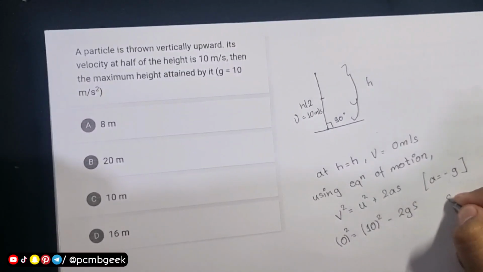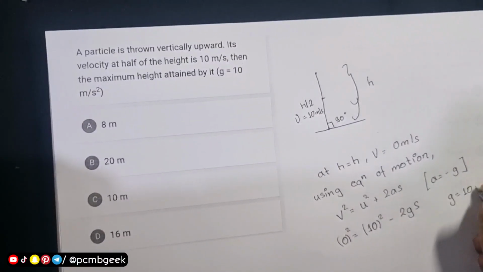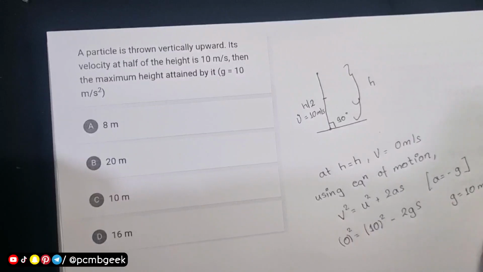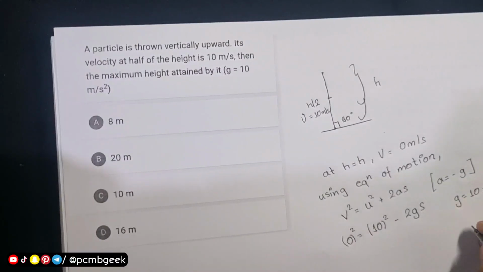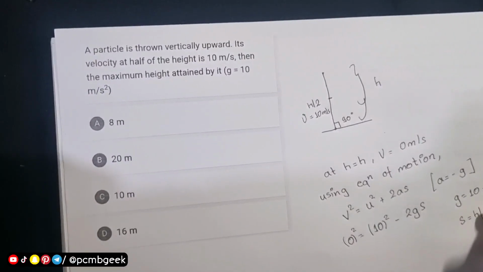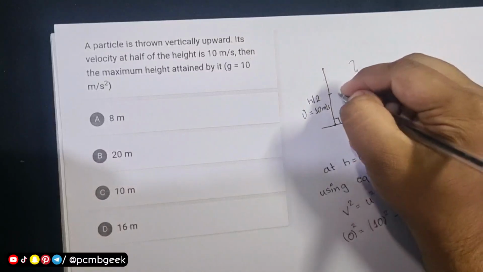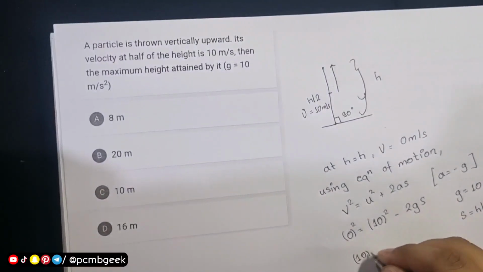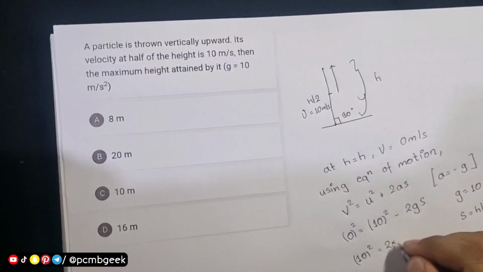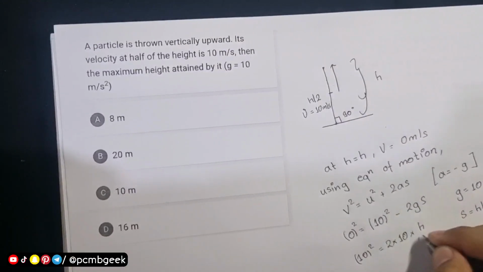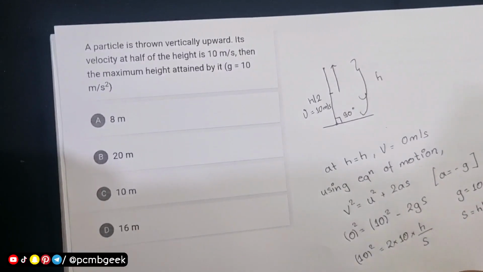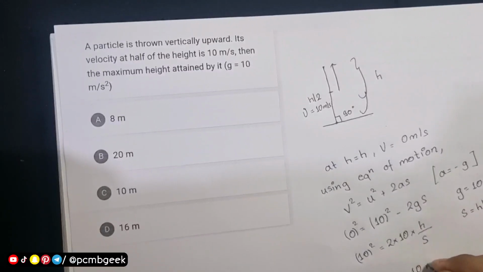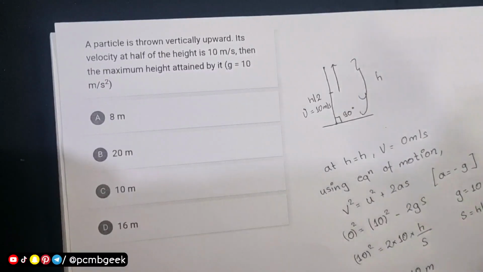If we take g equals 10 meter per second square, and the displacement is h by 2, as we are going from this point to this point, then 10 square equals 2 times 10 multiplied by h divided by 2. We get h equals 10 meter, and that's our correct option.